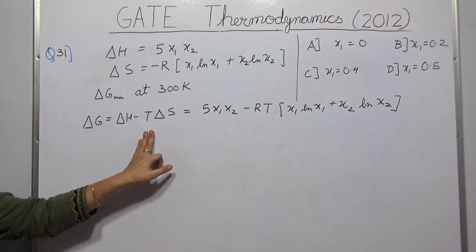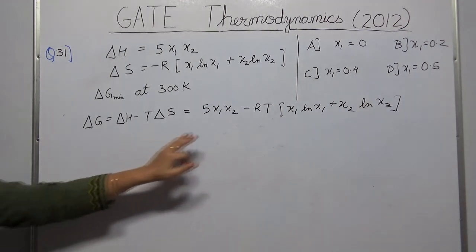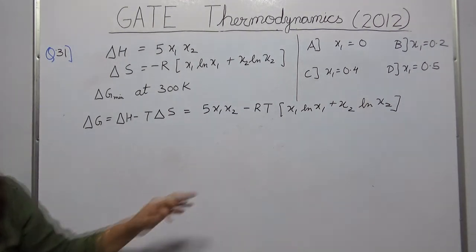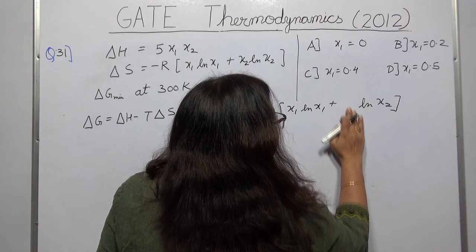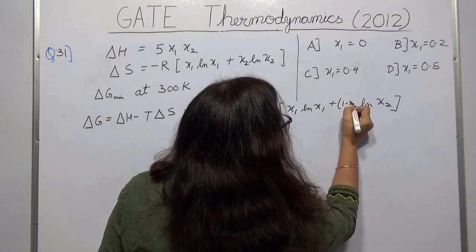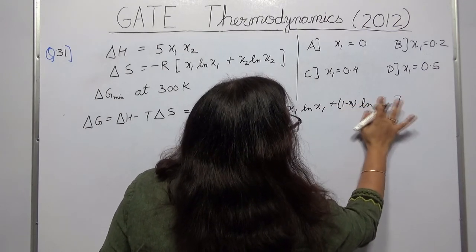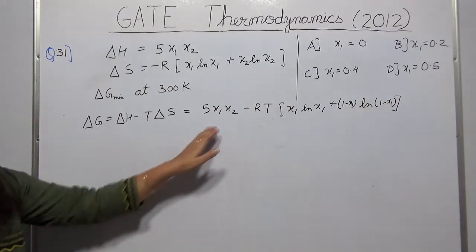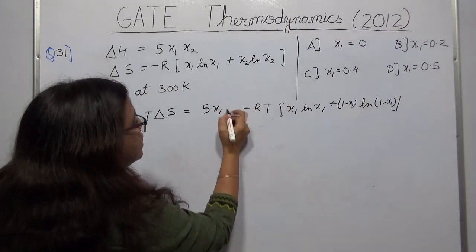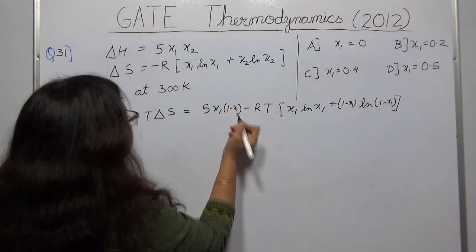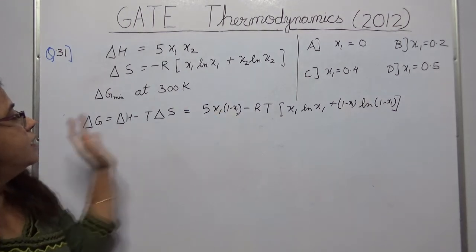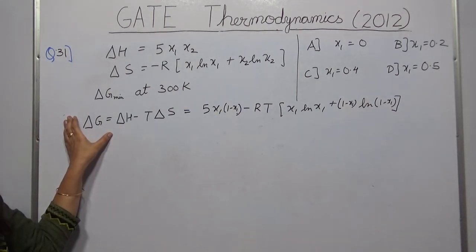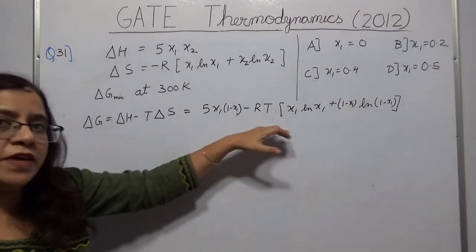So this is the relation which you get. Now I can put x2 in terms of x1, so instead of x2 I can write 1 minus x1, and this also I can write as 1 minus x1. So now I have written my Gibbs free energy change of mixing as a function of x1 only.